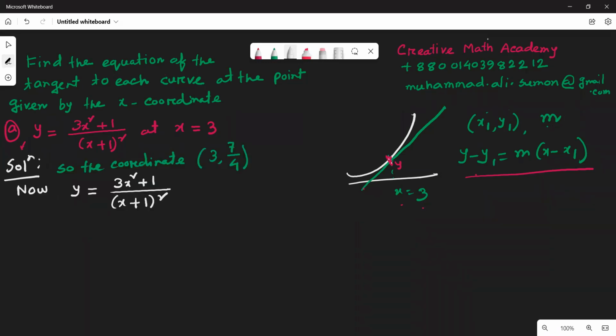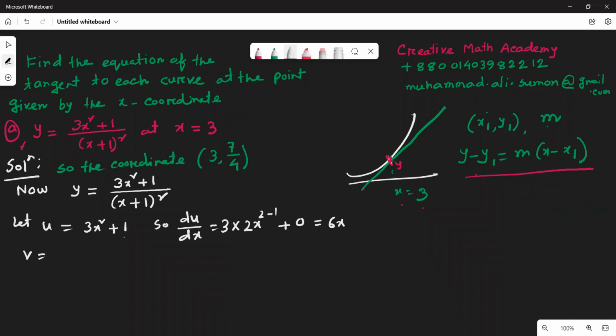Now y equals 3x squared plus 1 divided by (x plus 1) squared. Let u equal 3x squared plus 1. If we differentiate u with respect to x, the derivative of 3x squared is 6x, and when you differentiate 1 it is 0, so finally we get 6x.